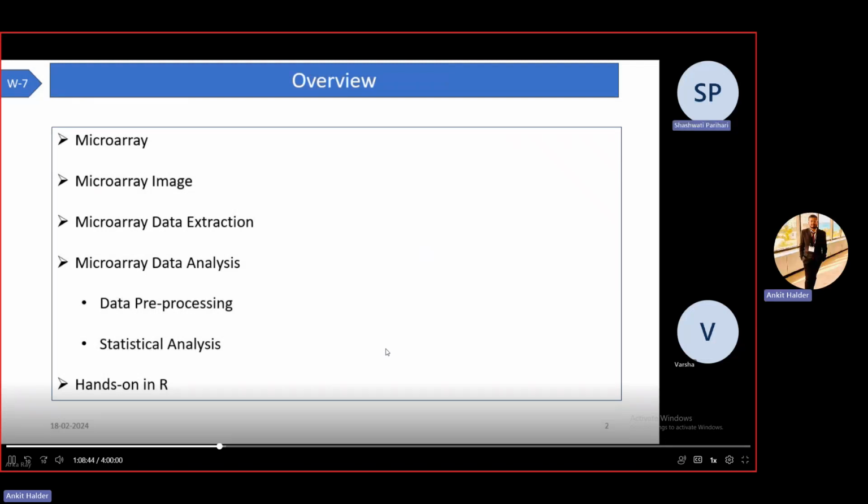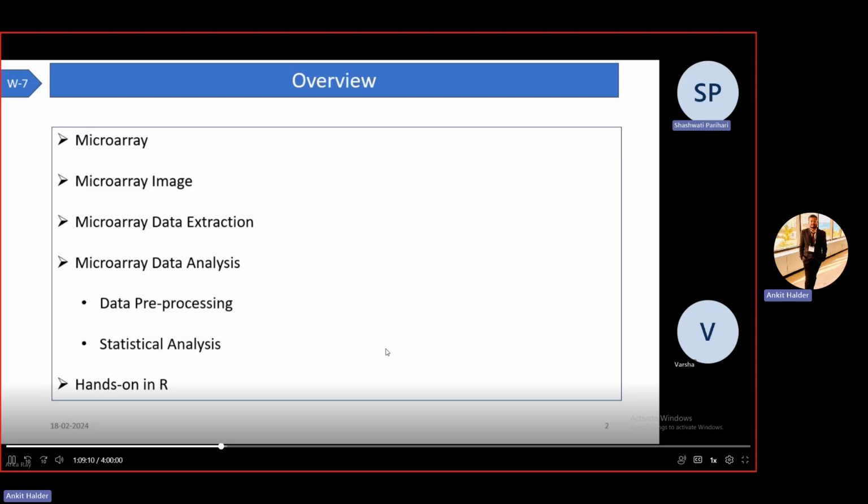So microarray, the high throughput. Now you can look at how, after the data extraction, you can take it forward for the analysis, which was shown in great detail in the recently conducted workshop. Coming to the slides: microarrays, followed by the microarray image, how this looks.